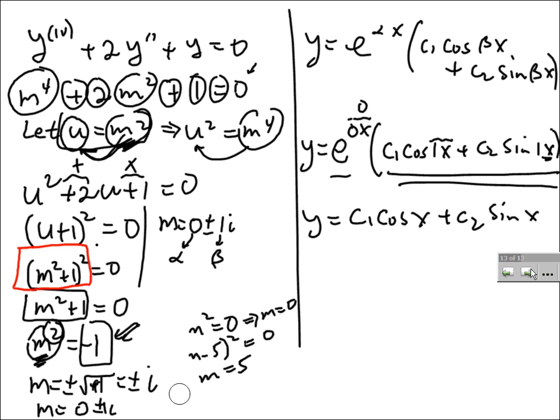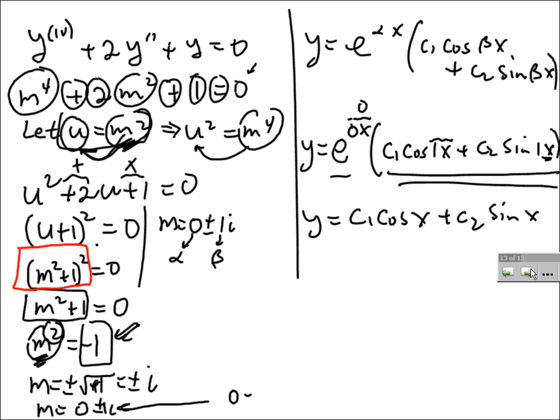Each of these answers that I have at the far bottom left, 0 plus 1i and 0 minus 1i, have multiplicity of 2.